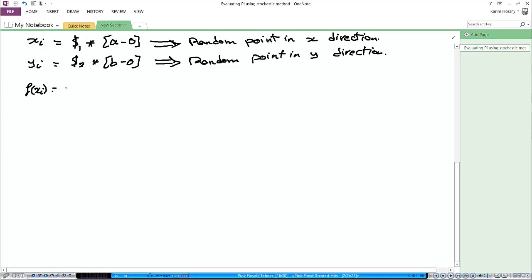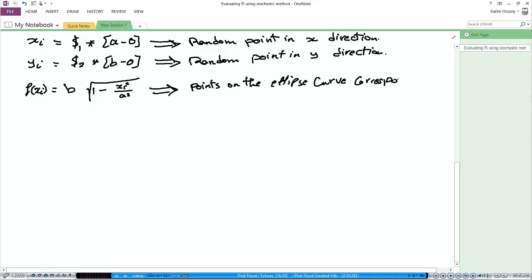F of xi equals b square root of 1 minus xi squared over a squared, the points on the ellipse curve corresponding to random points xi.